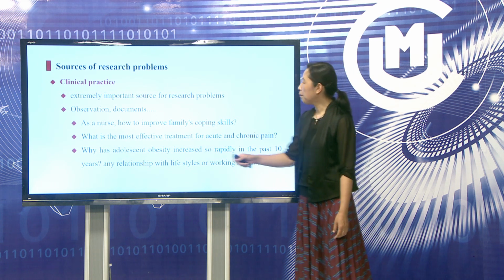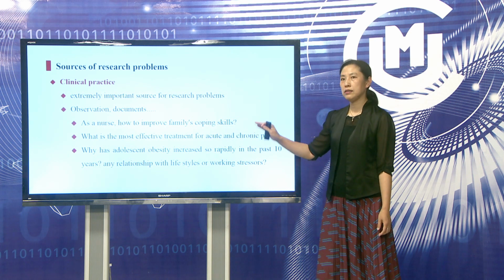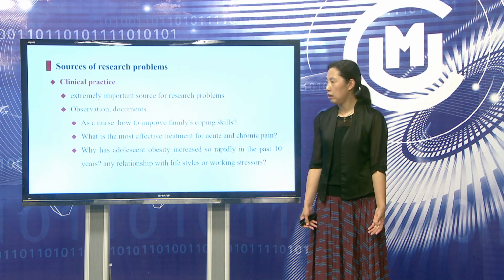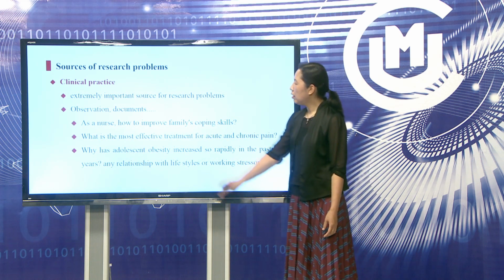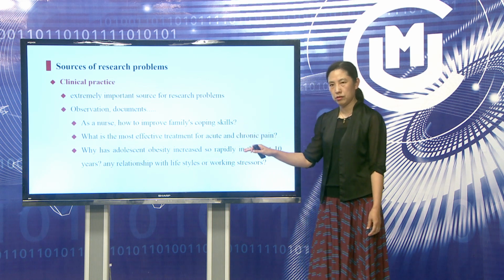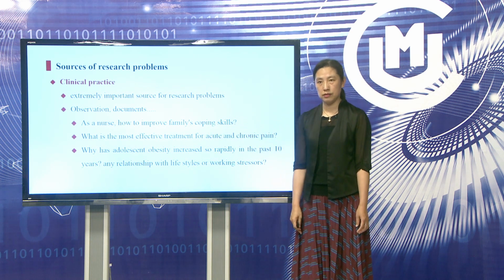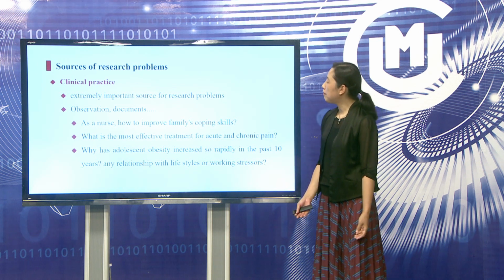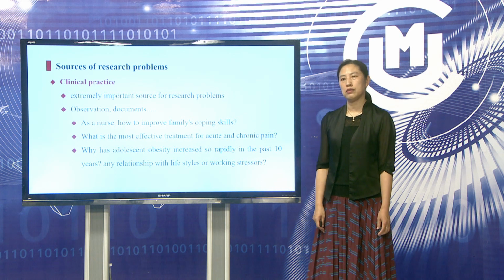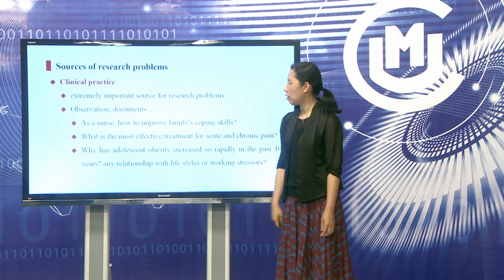For example, as a nurse, when a family has a member newly diagnosed with dementia, you may think about how to help them improve their coping skills, because dementia is totally different from other chronic illness. How you teach family members to cope with this situation is really important. So you may think about some new way to help family members to cope.